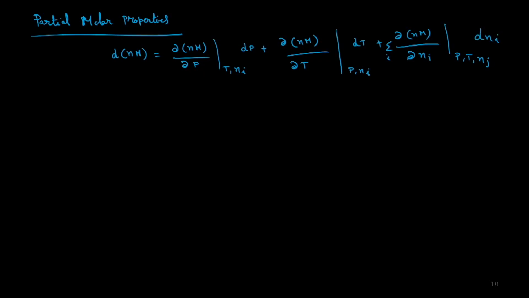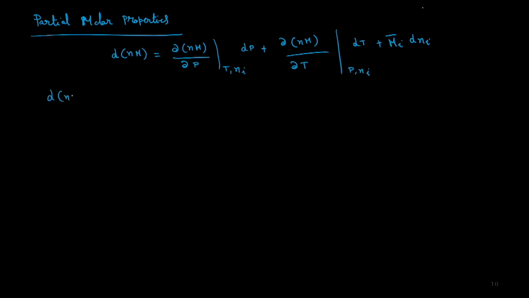And the last term is what we called the partial molar property Mi bar. So I'm going to replace the last term with Mi bar just to make it simpler to handle. It is Mi bar dNi.